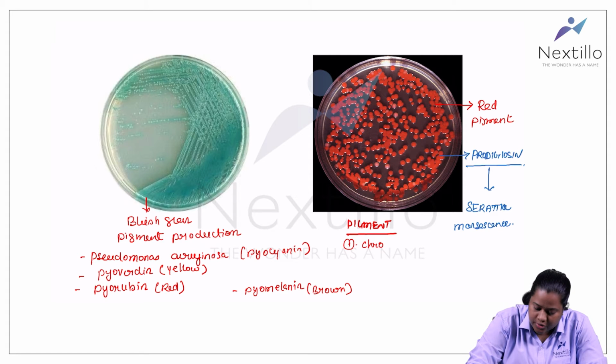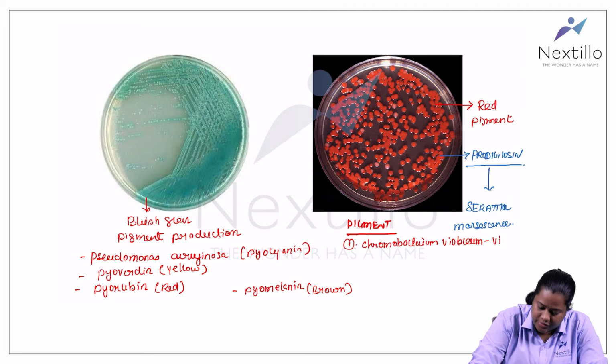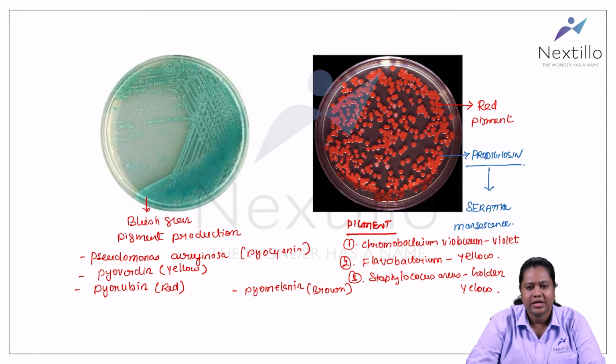One is Chromobacterium violaceum, which produces a violet pigment. The next is Flavobacterium, which produces yellow pigment. And our own Staphylococcus aureus produces golden yellow pigment. So these are some of the bacterial examples of producing pigment.